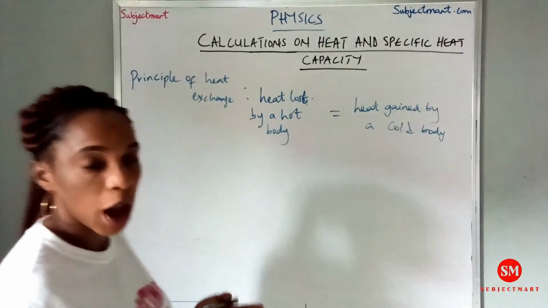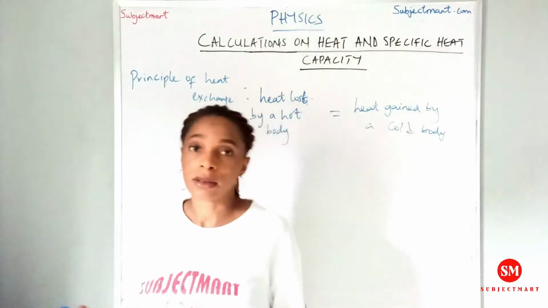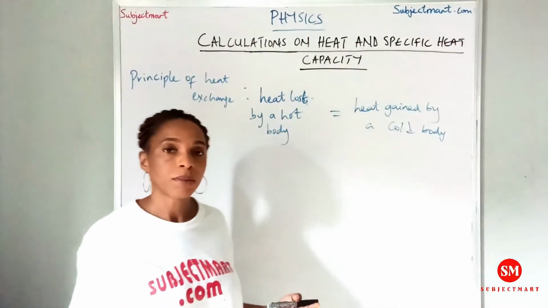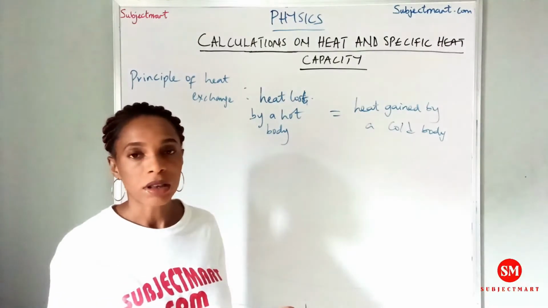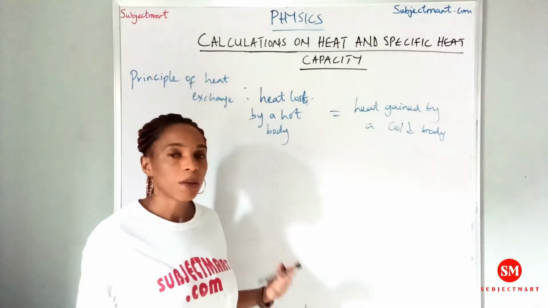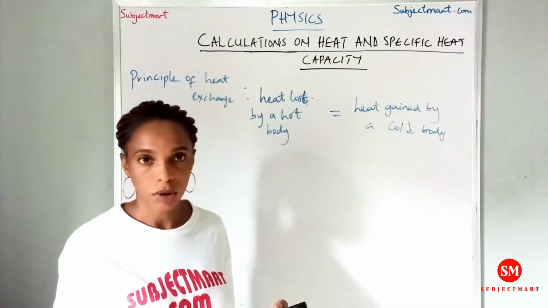For instance, if I have hot water and then I decide to put an ice block inside the hot water, you agree with me that the temperature of the hot water is higher than that of the cold water.